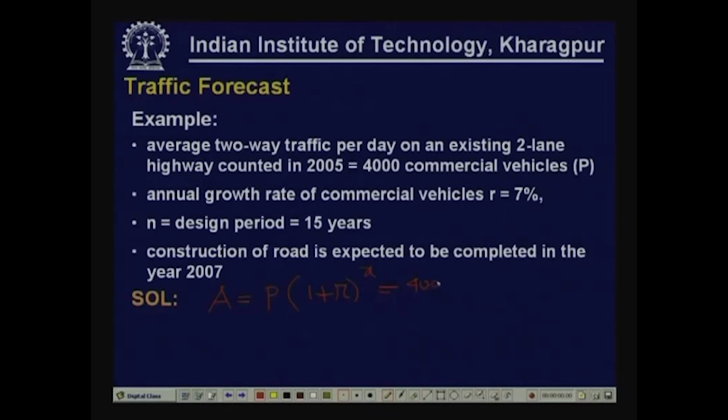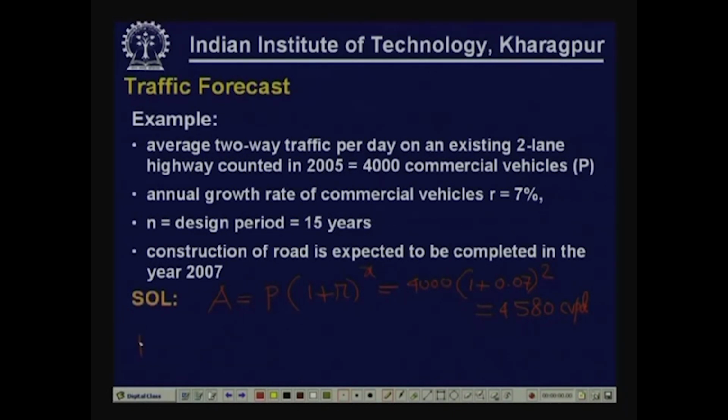So, it is given as 4000 into 1 plus the rate of growth expressed as a fraction, to the power 2. The difference between the year of construction and the year of count is 2 years. So, this will give us 4580 commercial vehicles per day, CVPD.